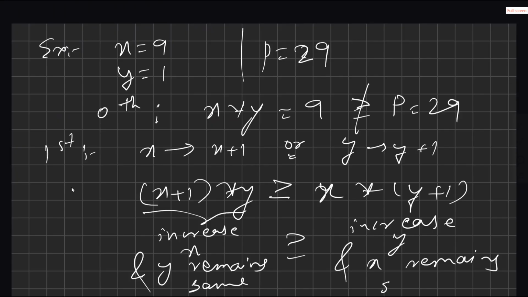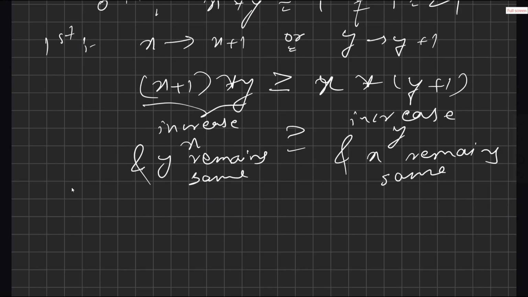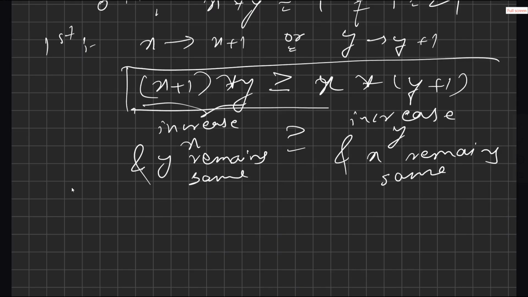Whichever product gives the maximum value, we will lean towards that, which is obvious, so that we get the product of x into y greater than or equal to p as soon as possible.